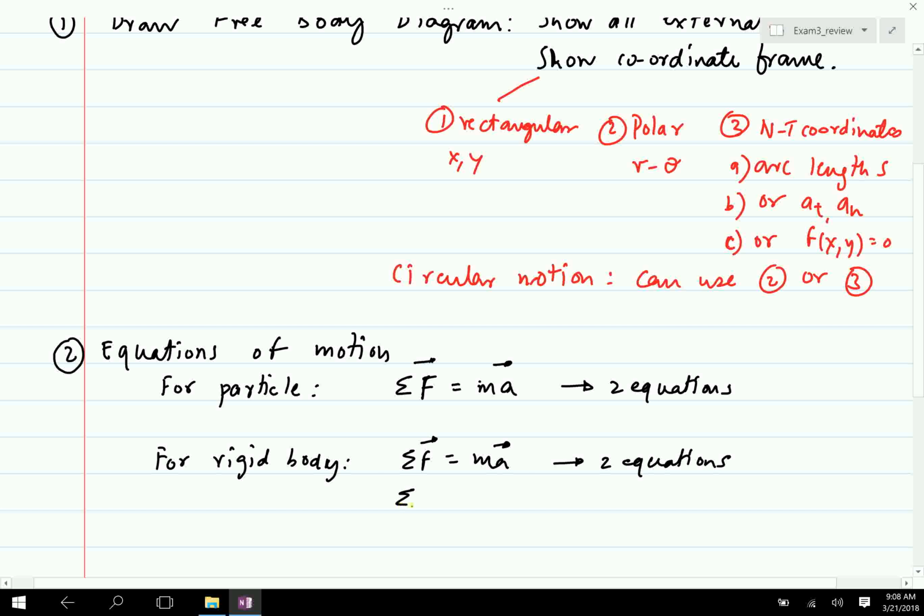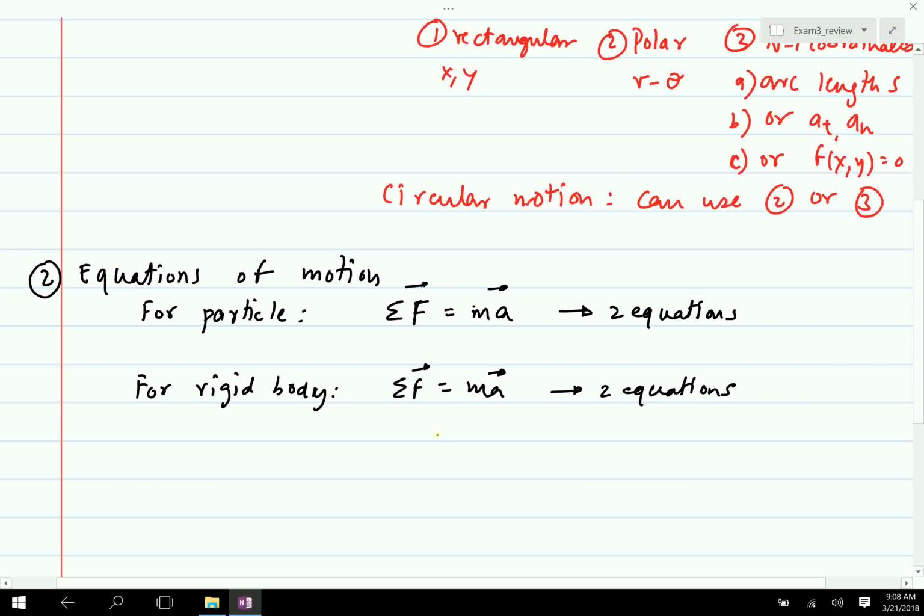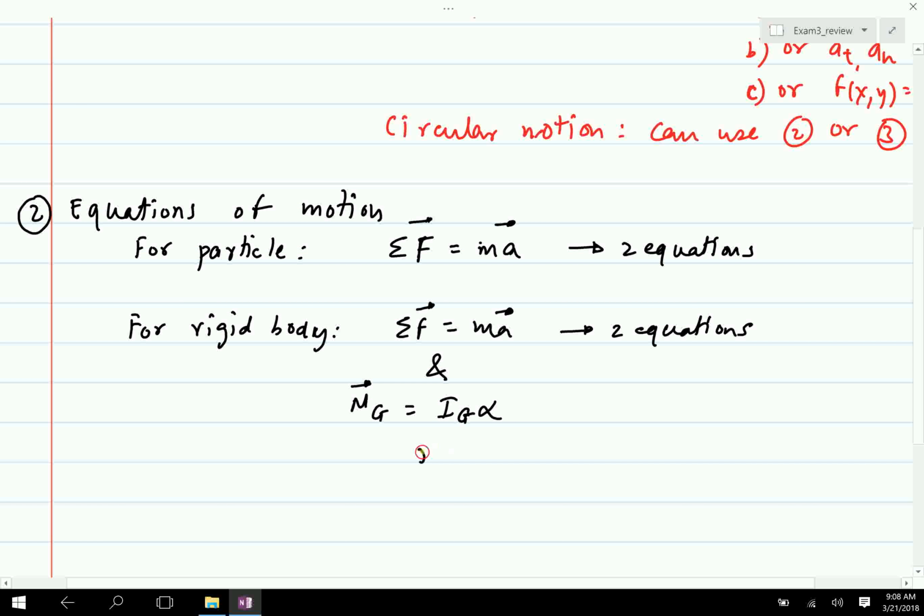And the third equation is either the sum of moments about G equals I_G alpha, or if you want to use moment about another point, you need to write this equation.